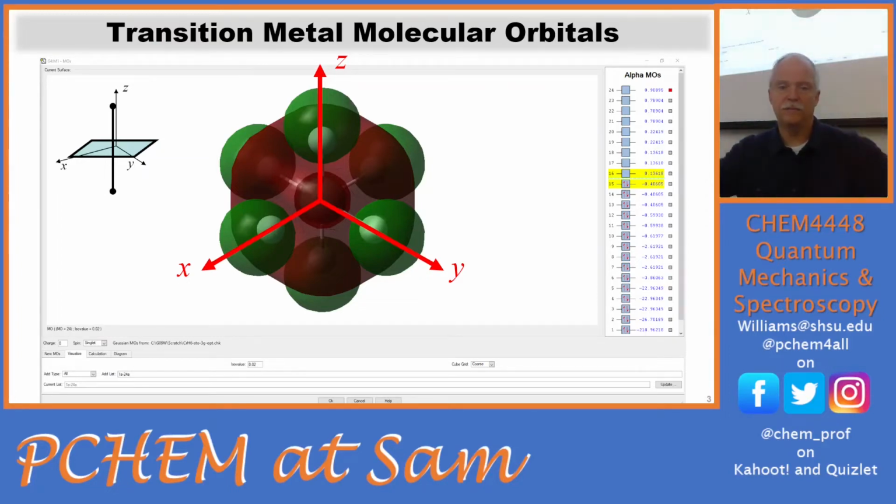Let me try to draw this as best I can in terms of the cubic nature of this. So we're looking out, and this cube comes down here. So this hydrogen right here is on the face of a cube.